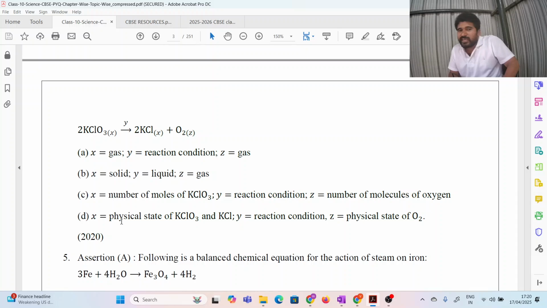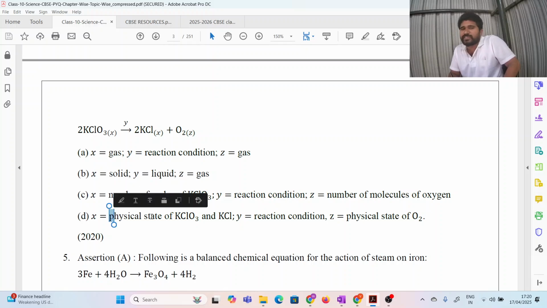He said X is the physical state of KClO3 and KCl, Y is the reaction condition, Z is the physical state of O2. It is going to be a perfect one. Sir, what about option A? Actually, it said X is gas, but it is not a gas.